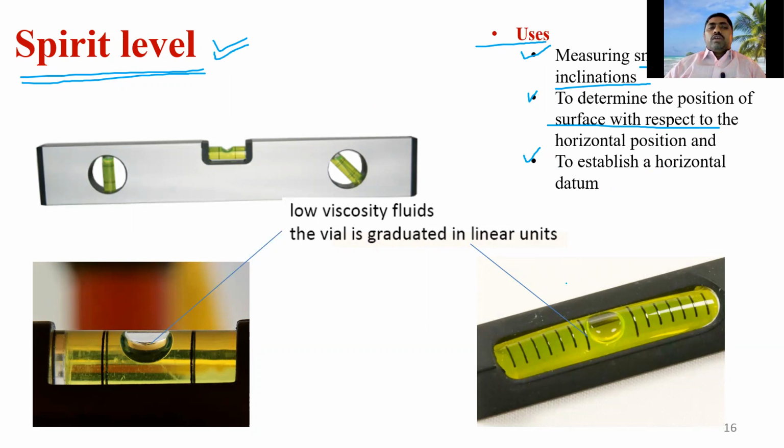This spirit level consists of a glass tube. The bore of the glass tube is ground to a convex shape with a large radius, and on top of the glass tube, the scale graduations are engraved to represent the divisions in linear scale, that is in mm.